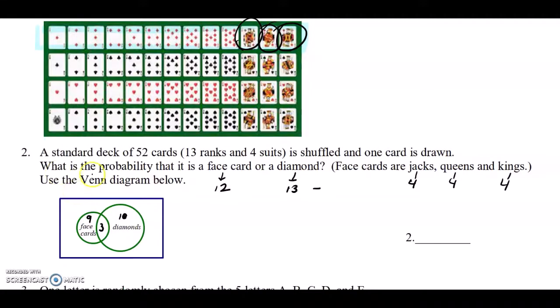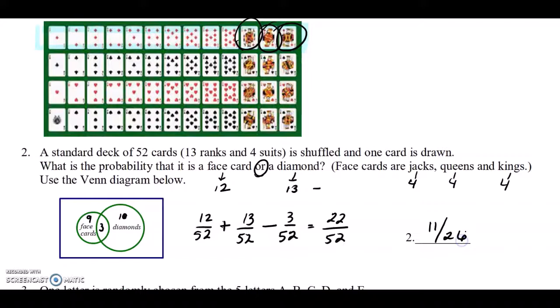So, what's the probability that it's a face card or, joining, union, a diamond? But then we need to subtract off those that we already counted. Otherwise, we'll have that overlap like we did in the last example. So that leaves us with 22 over 52, which can be reduced to 11 over 26.